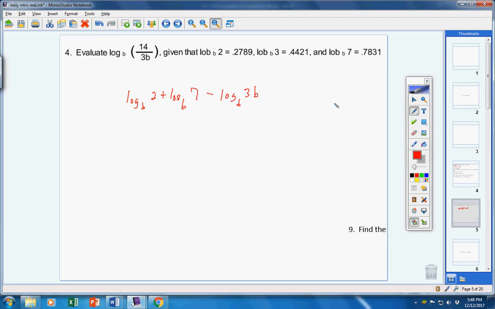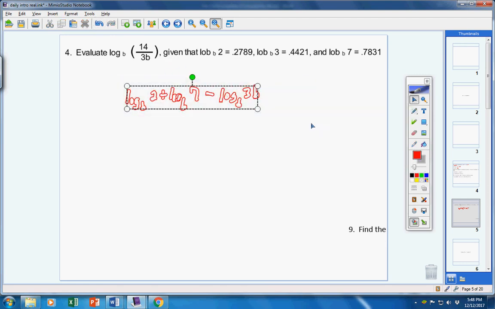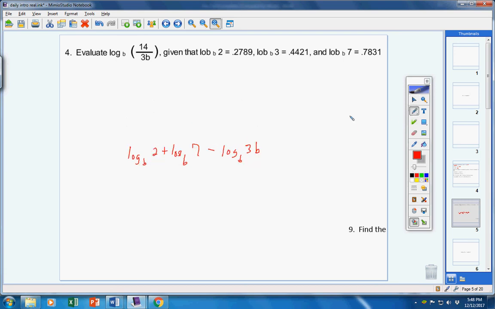I mean, the first thing you wrote was this, Taryn. Hope I'm not losing you here. Hopefully you wrote logarithm base b of 14 minus logarithm base b of 3b, right?